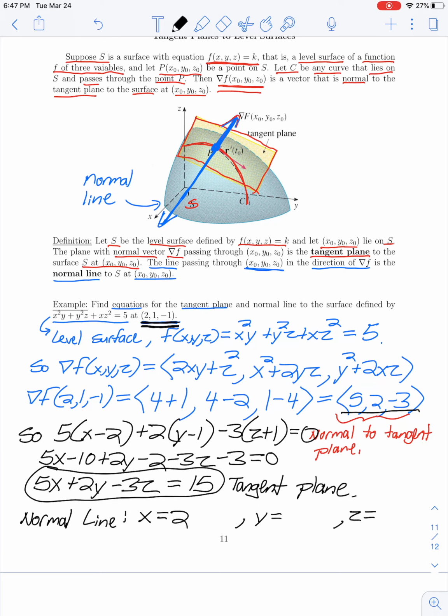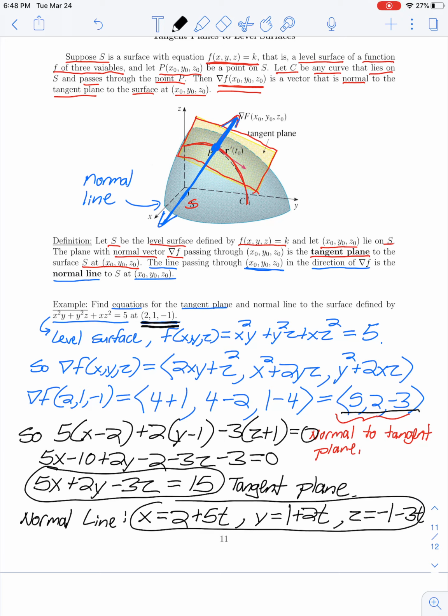And our x equation would be given by the x-coordinate for our point, which was 2, plus the first component of our direction vector, which was 5, times t. Our equation for y is given by the y-coordinate for our point, 1, plus the second component of our normal vector, 2, times t. And z is given by the z component of our point, -1, minus 3 times t.